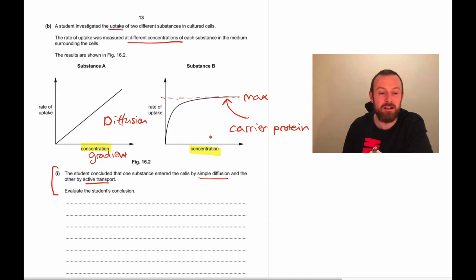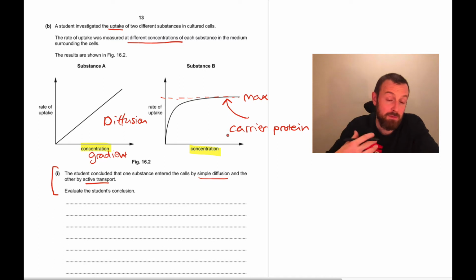But that B is probably active transport because as the concentration gradient increases, the rate of uptake increases up to a maximum, at which point it doesn't increase anymore. And that's because all the carrier proteins are kind of being used for transport, and there can be no further increase. So let's look at the mark scheme.